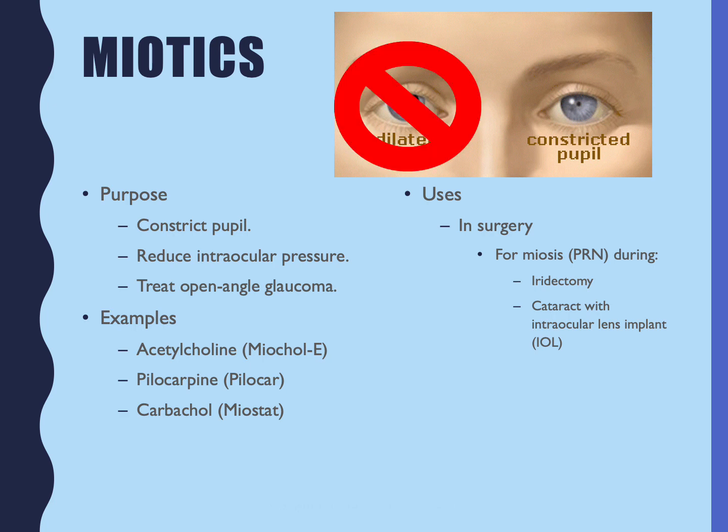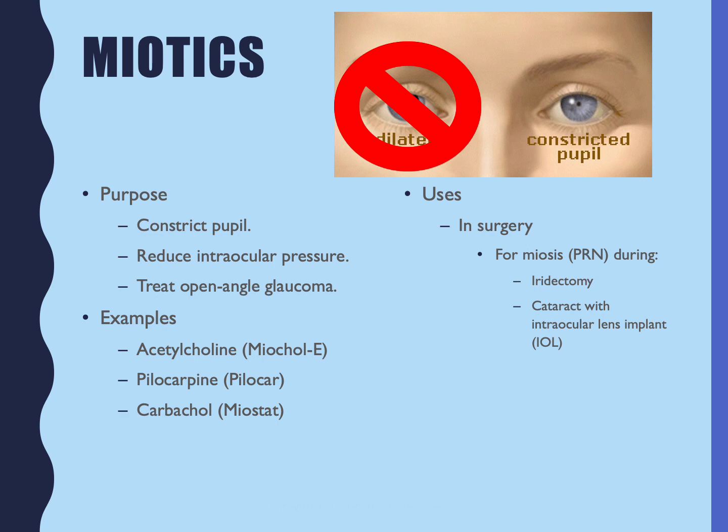And these agents are administered topically or by injection, and some examples are acetylcholine, which is also referred to as Myochol-E, pilocarpine, or carbachol. And meiosis is the term for constricting of the pupil. That's why these are called Meiotics.